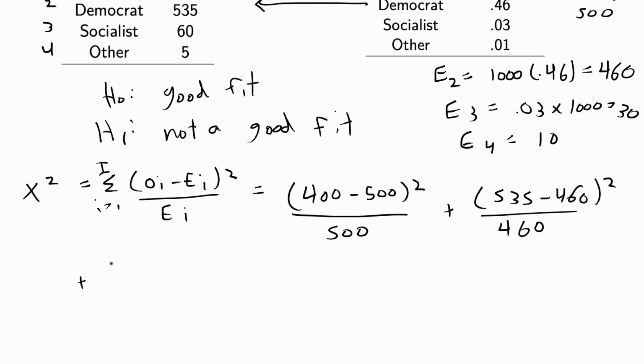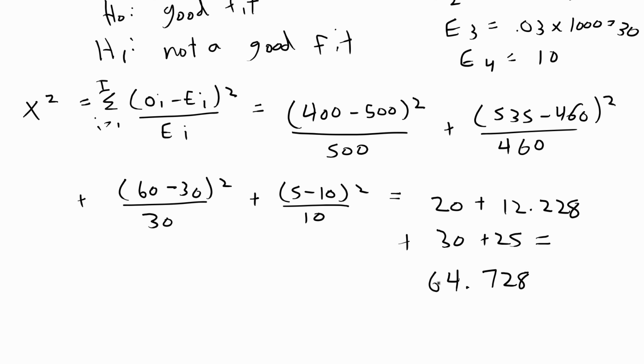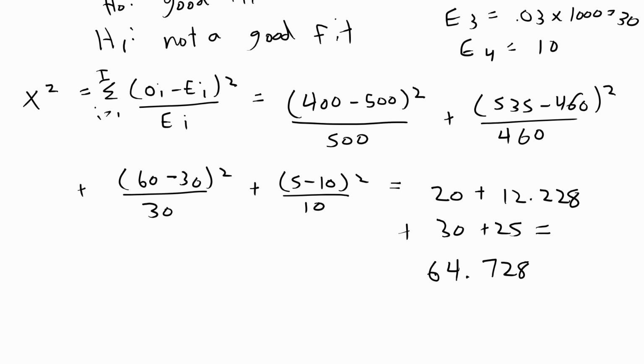For factor level 3, that's 60 minus 30 squared divided by 30. And for factor level 4, that's 5 minus 10 squared divided by 10. When I perform the algebra on those terms, we get 20 plus 12.228 plus 30 plus 25, which gives us a final chi-square test statistic of 64.728. So this is our Pearson's chi-square test statistic.